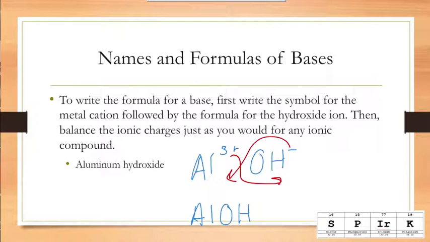And now remember, since we have more than one OH, and OH is a polyatomic ion, we need to keep it all together by adding in our parentheses 3. So now this says that we have 3 hydroxide anions. So Al(OH)3 is our formula for aluminum hydroxide.